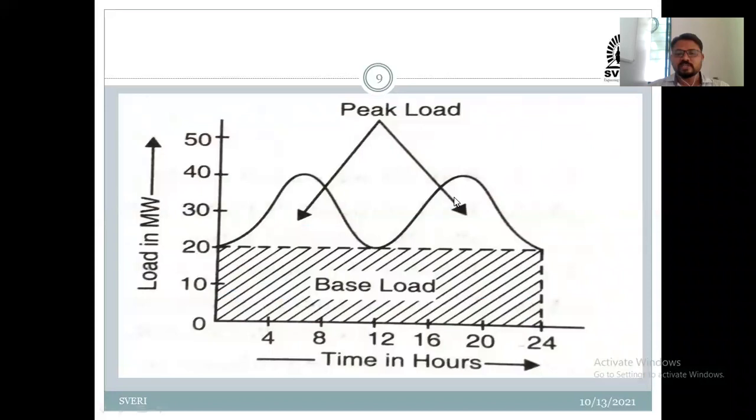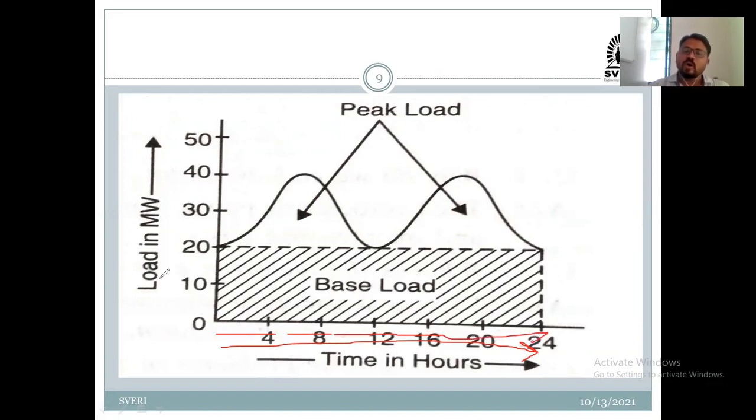Now see here, this is one load curve which is shown here. On the x-axis, we have taken the time in hours, means 0 to 4, 4 to 8, 12, 16, 20, 24 hours.